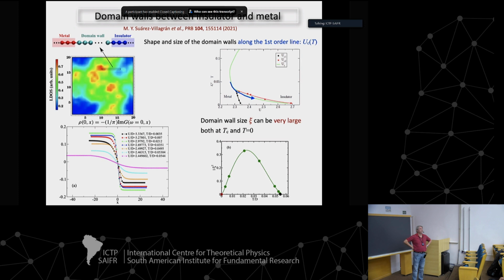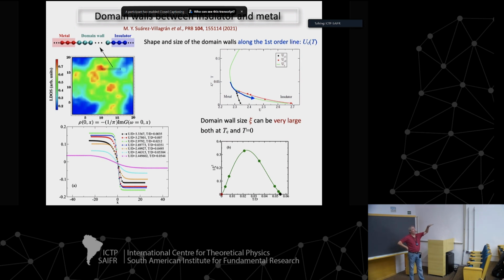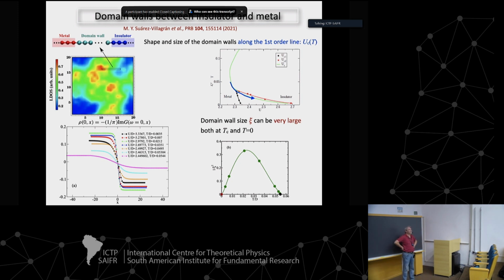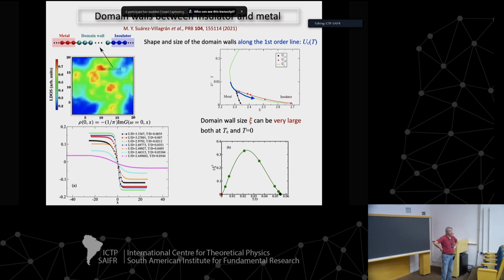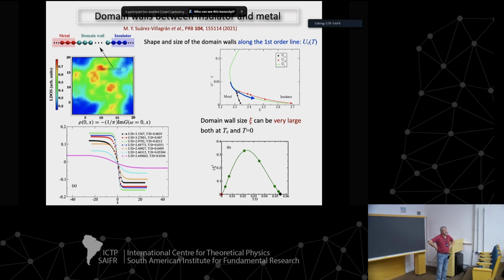So I was having the same question as Raphael. Where do you focus your study? I mean, in terms of the first order line, or close, around the second order critical endpoint? Okay. I'm happy to show that to you later. Sure. But we've seen these very strong lattice softening effects at temperatures much higher than the critical endpoint. So if there's any way to include that in the theory, this would of course be very, very exciting. I think it can be done.